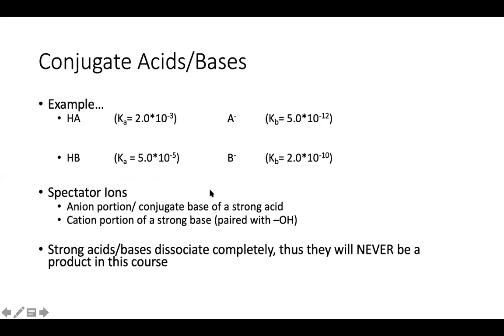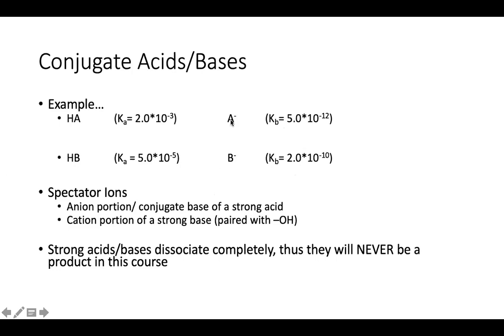All I want to show by this is that HA has a higher Ka than HB, meaning HA is our stronger acid. But when we look at the conjugate bases and their Kbs, the Kb of B minus is higher than the Kb of A minus, meaning B minus is a stronger base than A minus.